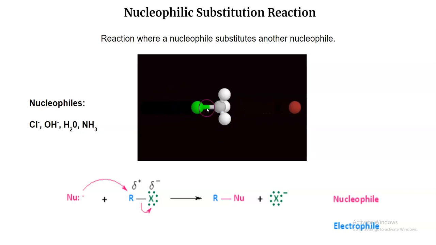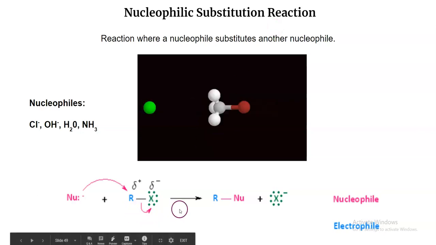And the other molecule here on the left, the white and red, that's the substrate, okay? And the substrate has that red nucleophile. This red part is also a nucleophile. So let's get started again. One nucleophile approaching the substrate and substituting the other nucleophile. One nucleophile is coming and making the bond, one nucleophile is leaving. Okay, so a reaction where a nucleophile substitutes another nucleophile, that's a nucleophilic substitution reaction.